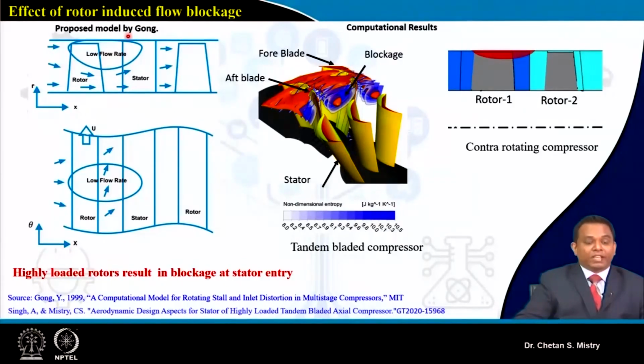Now for this case, my flow will be incident on my stator, and since this stator is a stationary part, I will not have further movement of my fluid. But when we are talking about the counter rotating concept, I will have suction of this flow by rotor 2.